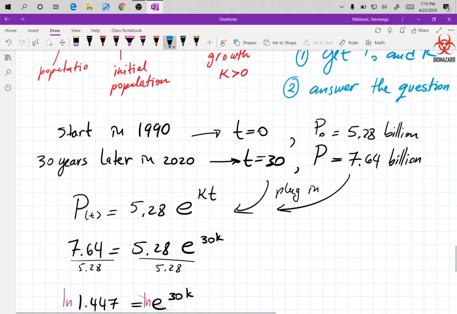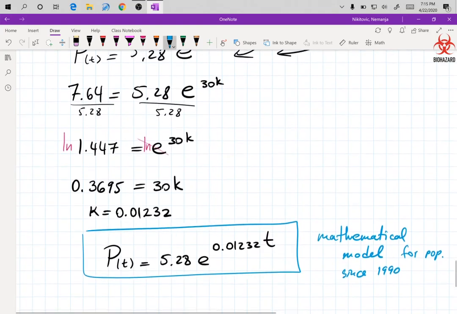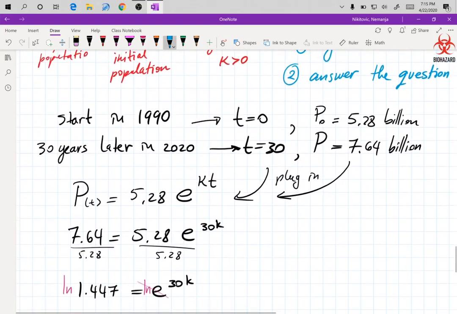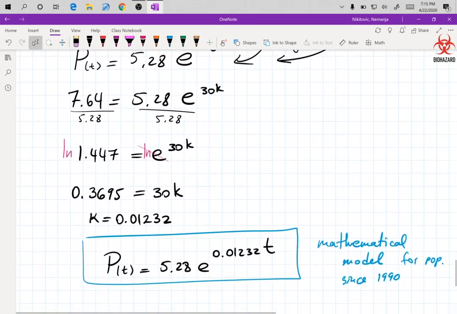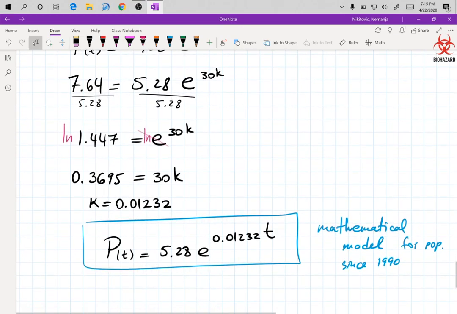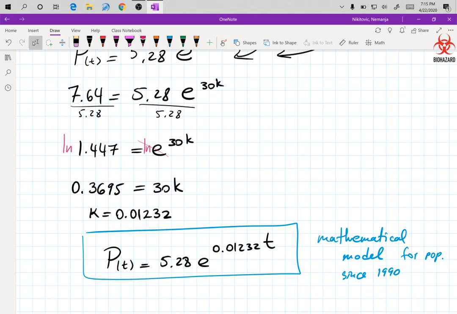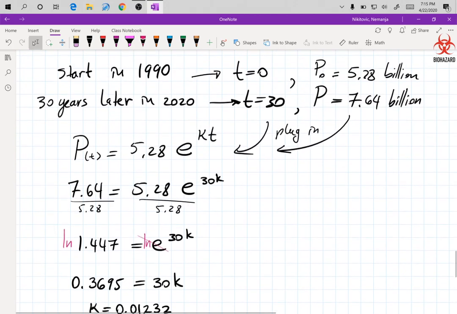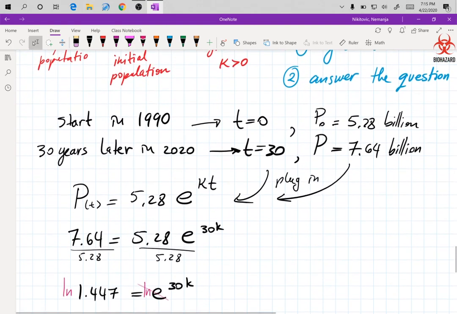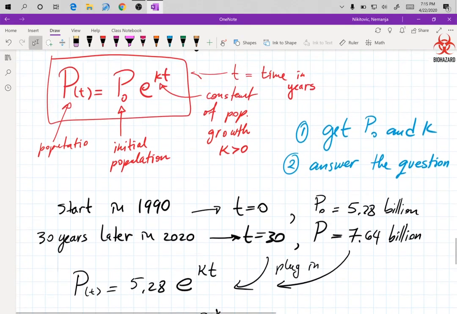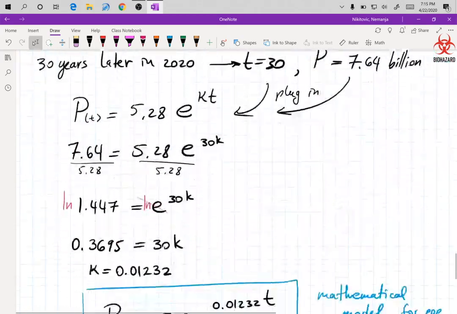So what you see here done in black is all step 1 to get k and P0. And now I can answer the question, which is, what is the population in 2030?